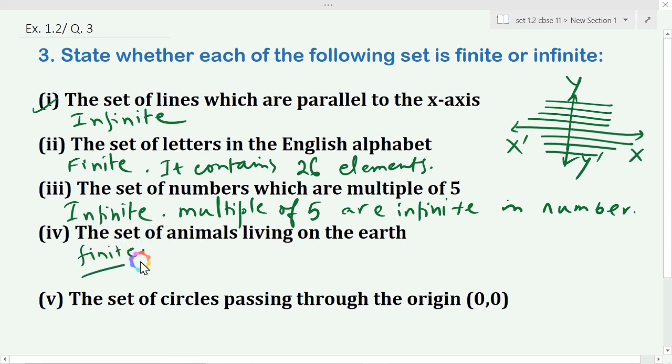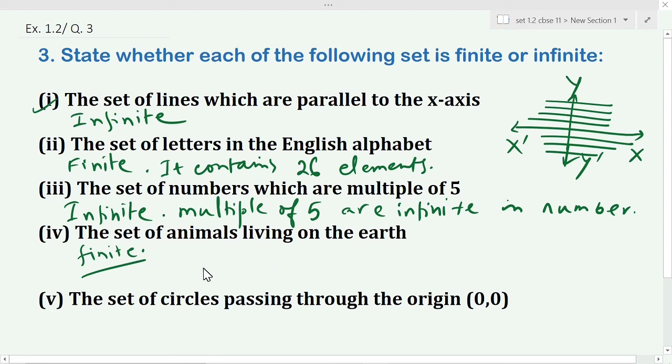Okay, the number is very big, but it can be counted. So this is finite, because the number of animals living on the earth is finite, so the set is finite.